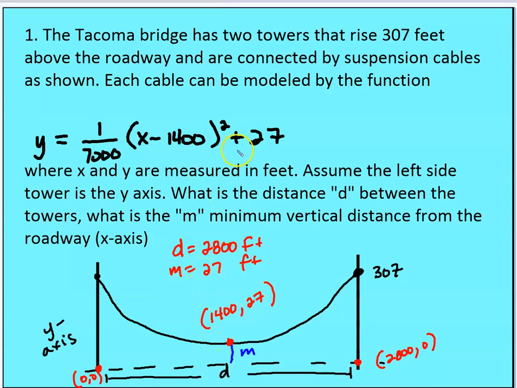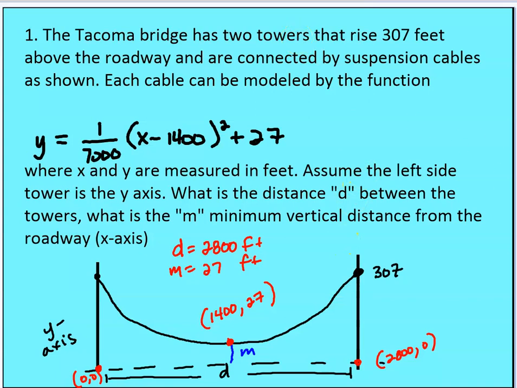And we got that based on the vertex, 1,400, 27. And we know because of symmetry, we just multiply 1,400 times 2 to get 2,800. These two distances, from 0 to this d here at 1,400, and 1,400 to this point here where the suspension cable connects with the other tower, is 2 times 1,400 or 2,800.